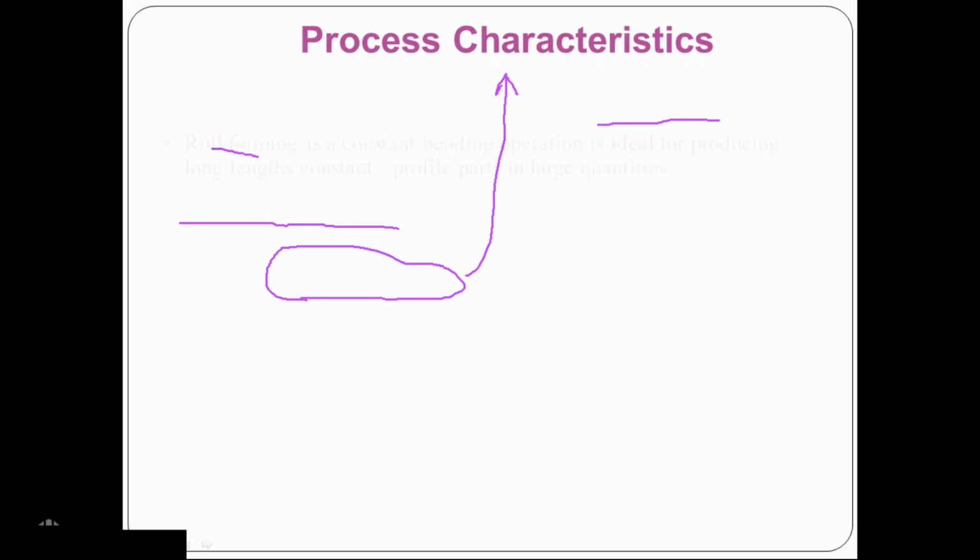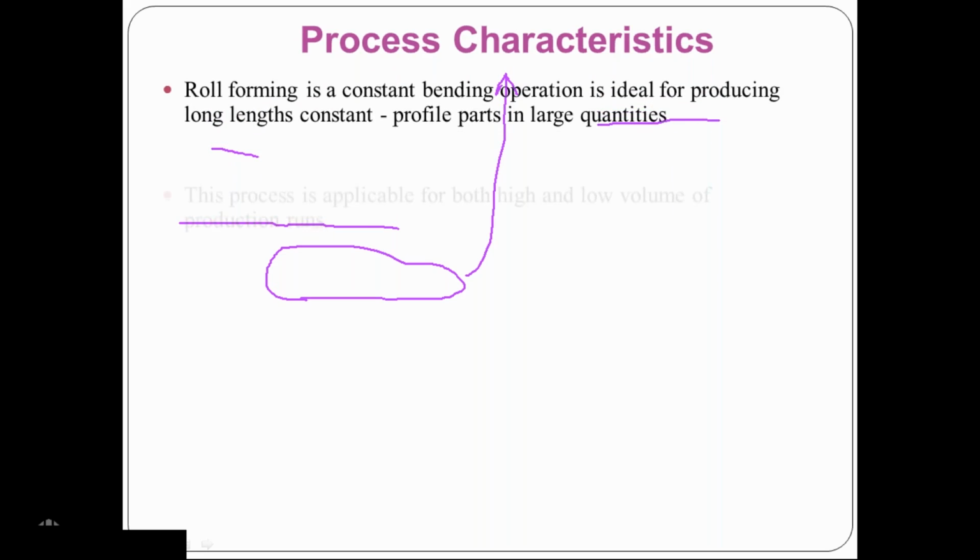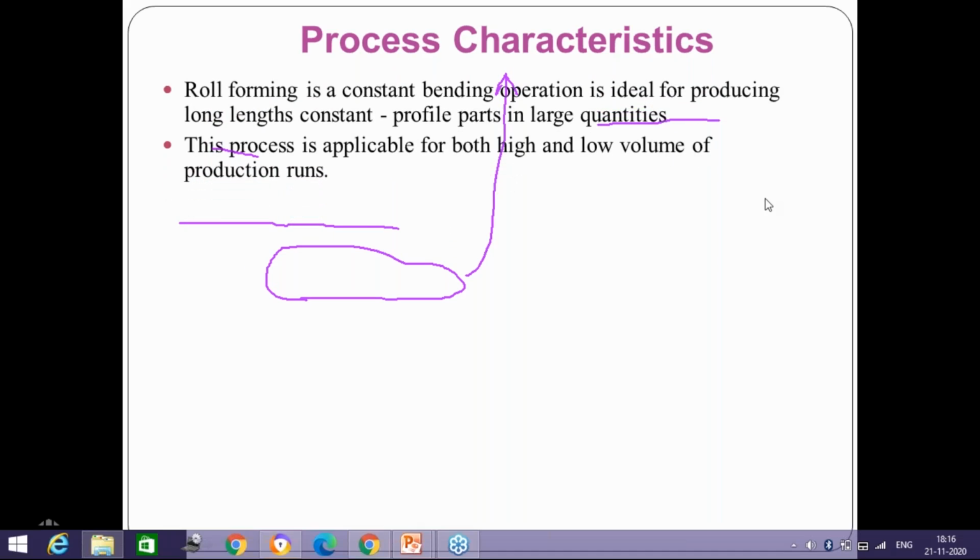Now we will see process characteristics. Process characteristics are the process properties that are unique for that particular process, and we are going to see the process characteristics for the roll forming process. Roll forming is a continuous bending operation, ideal for producing long length constant profile parts in a large quantity.